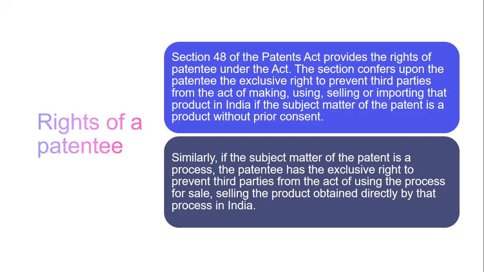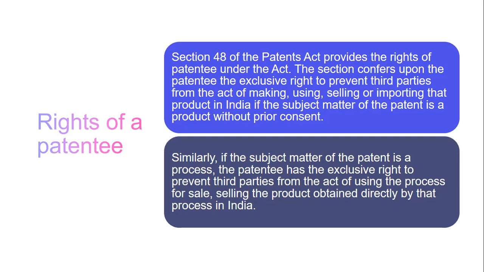Now, what if the subject matter of the patent is a process? In that case, the patentee has the exclusive right to prevent third parties from the act of using the process, or selling the product obtained directly by that process, right? So basically, you cannot use that process to make a product and then sell that product.